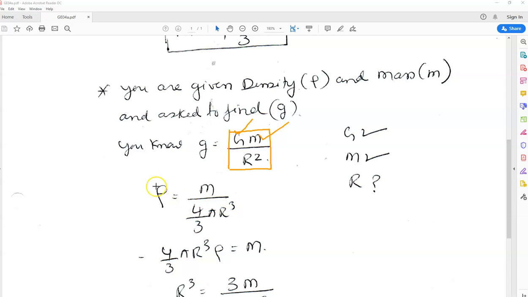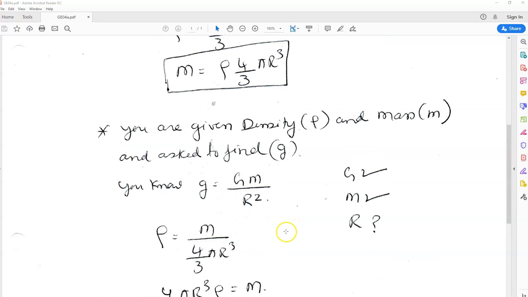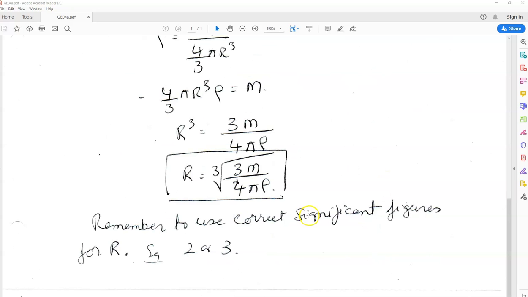Again you can use the density mass formula. The density is given to you, and the mass is given to you, and this is the equation for the density. So density equals mass by the volume. By doing the cross multiplication, you can have an equation for r. Again, this is a basic algebraic expression, and once you get the value of r, you can go back and apply the value of r in this equation to find the value of g.